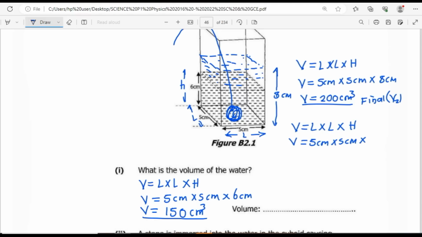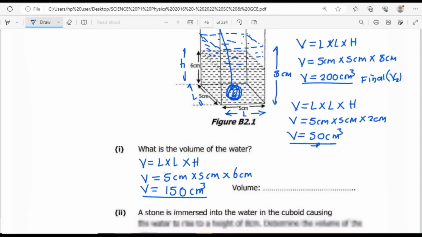So we can find the difference. 8 minus 6, we get 2. So let's just put 2 centimeters here. So 5 times 5 is 25 times 2. We can see that we are still getting the same answer. So this one will just give us a direct volume of the stone.